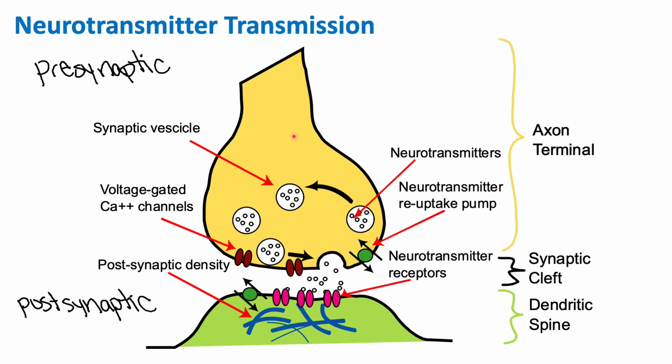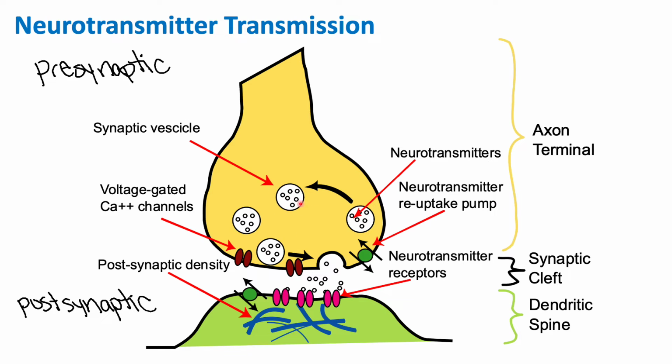So once again, the action potential propagates to the end of the axon terminal, and when it reaches the end of that axon, it causes the calcium channels to open, and calcium will rush into the axon terminal, causing the vesicles to bind with the cell membrane.